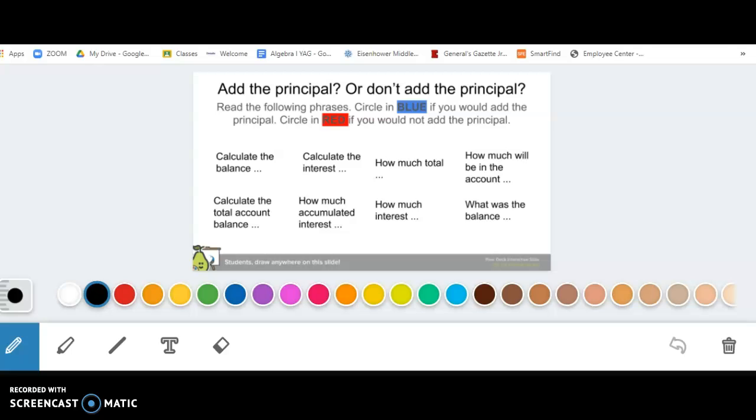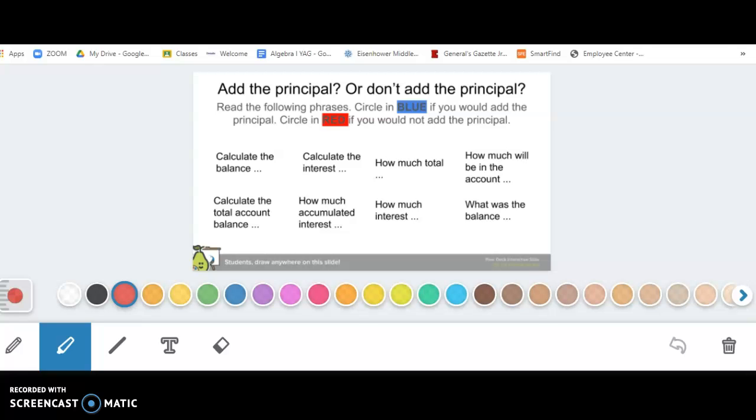Okay, so if you notice slide 2, it was designed to help you understand when you have to add it back to the principal and when you can just stop at interest.